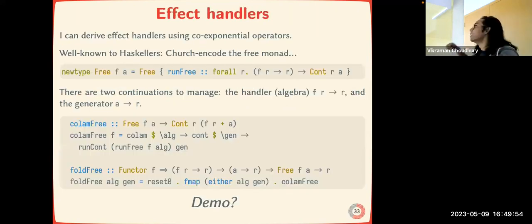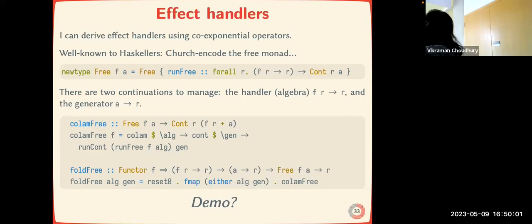And then the next thing is I tried to understand effect handlers using these co-exponential operators. Very naively, effect handlers are: you have a signature functor F, and you take the free monad on it.